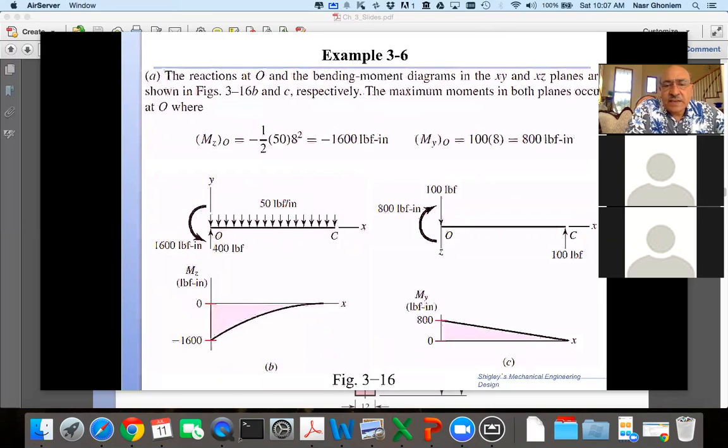And then the concentrated load applied at the tip C gives us a maximum moment of 800 on that end. But the moments are actually in two different directions. One is M along the Z direction, and one is M along the Y direction.